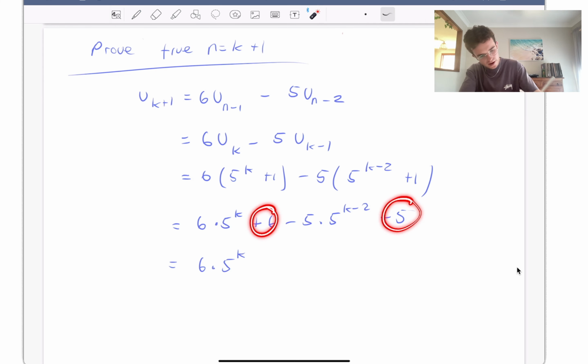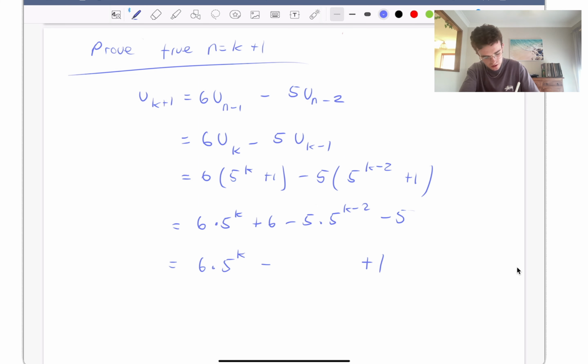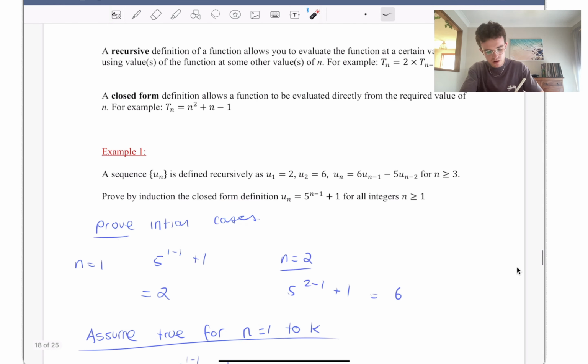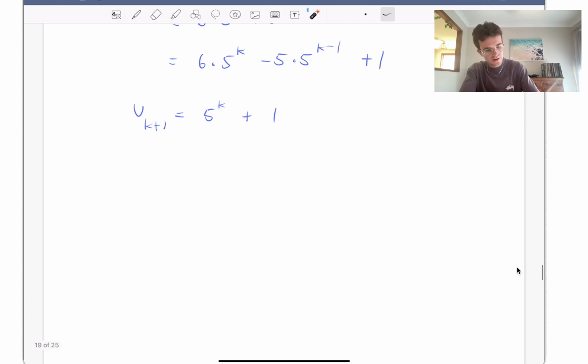First up, 6 minus 5 is 1, so plus 1. And using our index laws, we add the exponents, 1 plus k minus 2, minus 5 times 5^(k minus 1). And then we can go 6 minus 5, we get 1 times 5^(k minus 1) plus 1. That's u(k plus 1). Let's check if that's what we wanted. So 5^(k plus 1 minus 1) plus 1 is 5^k plus 1. So we're good. Done. Alright, thank you.